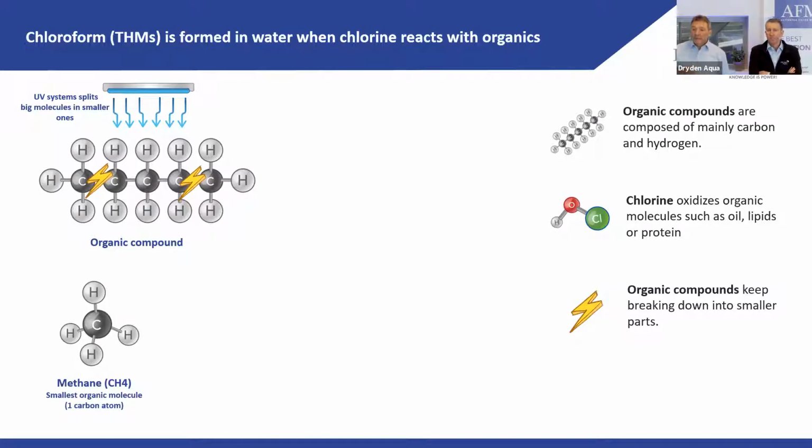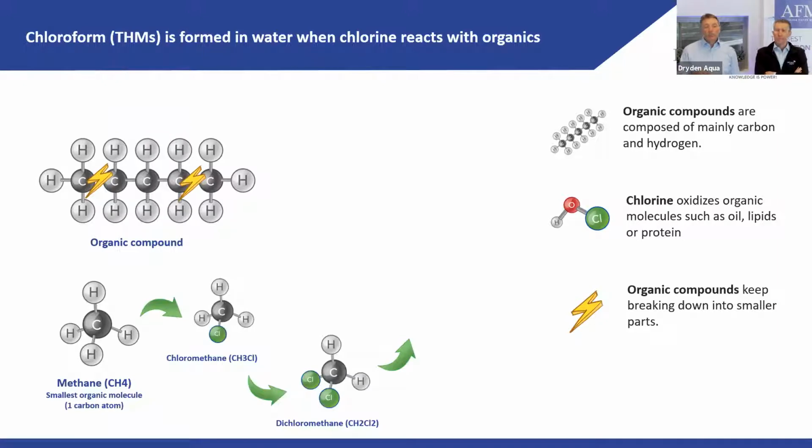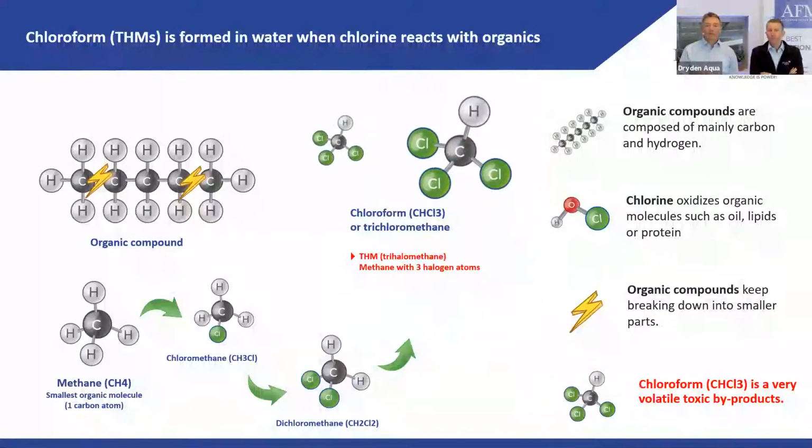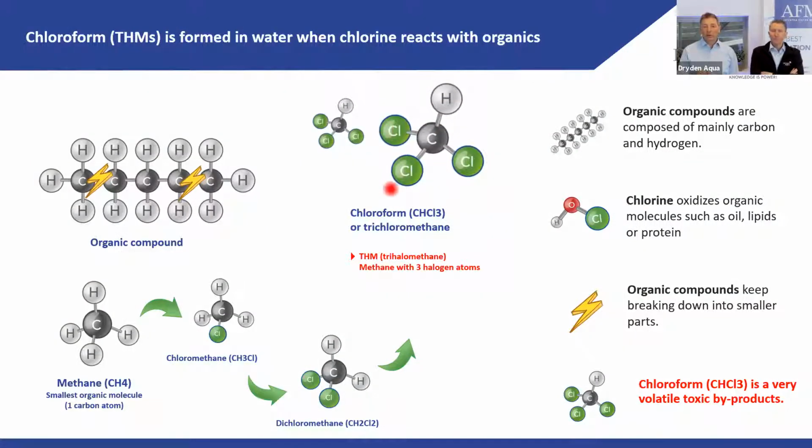Now, whenever a methane comes in contact with chlorine, you replace one of these hydrogens, then two, and then three of these hydrogens. So you have here now 3 chlorine atoms, still 1 carbon, and 1 hydrogen. And this is chloroform. And chloroform is one of the THMs, one of the trihalomethanes.